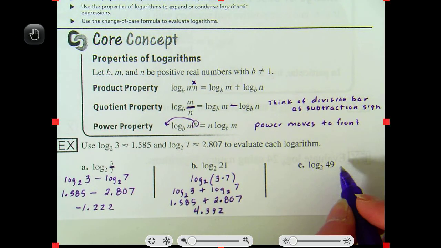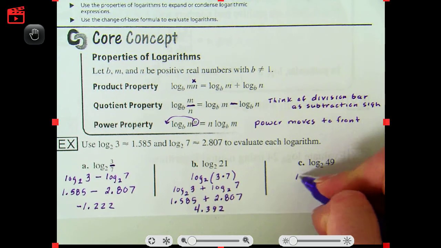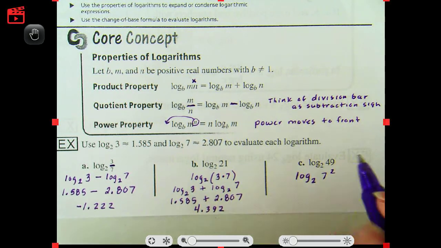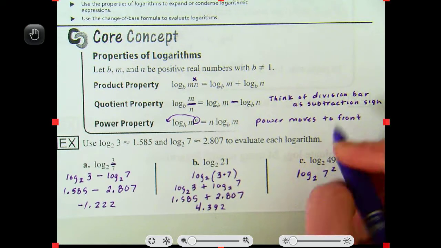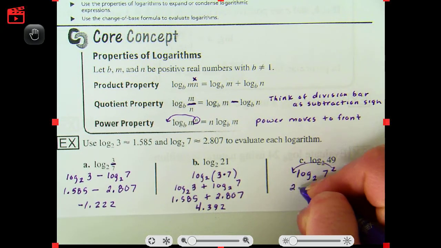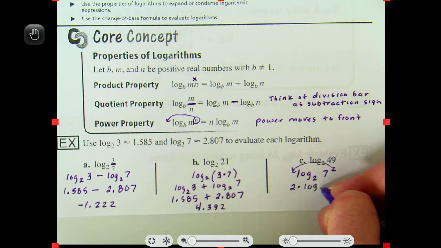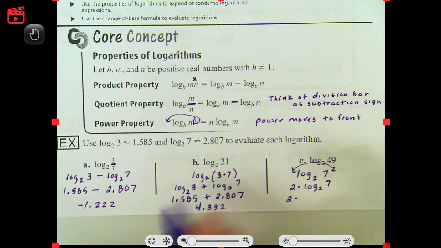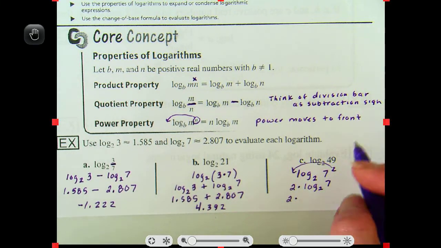And log base 2 of 49, when I see 49, I think of it as 7 squared. So I would look at it as log base 2 of 7 squared. And I know since it's squared, the power can move to the front. So it'd be 2 times log base 2 of 7. But log base 2 of 7 is equal to 2.807.